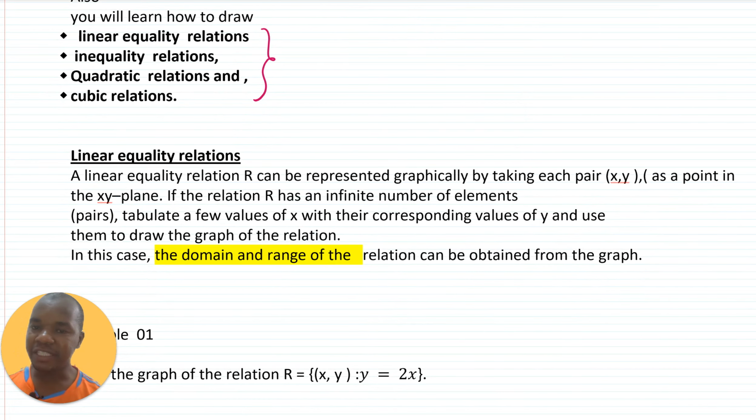A linear equality relation R can be represented graphically by taking each pair x, y as a point in the xy plane. If the relation R has an infinite number of elements or pairs, we are going to tabulate a few values. We are going to use a table of values.